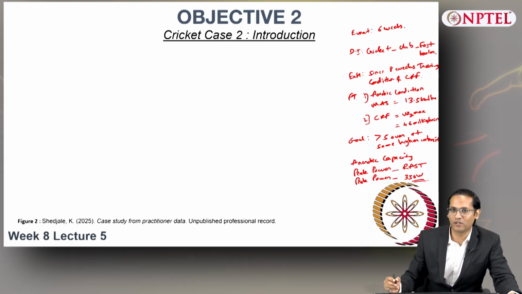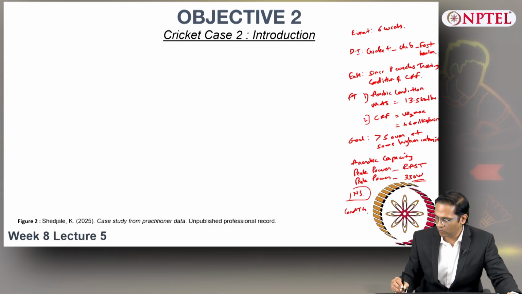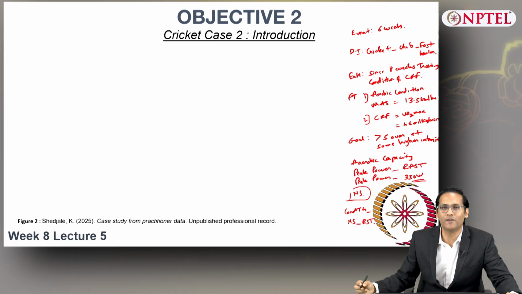This represents the neuromuscular system. So this ability can be achieved by improving conditioning, focusing on the neuromuscular system that can be trained by repeated sprint training in HIIT format.